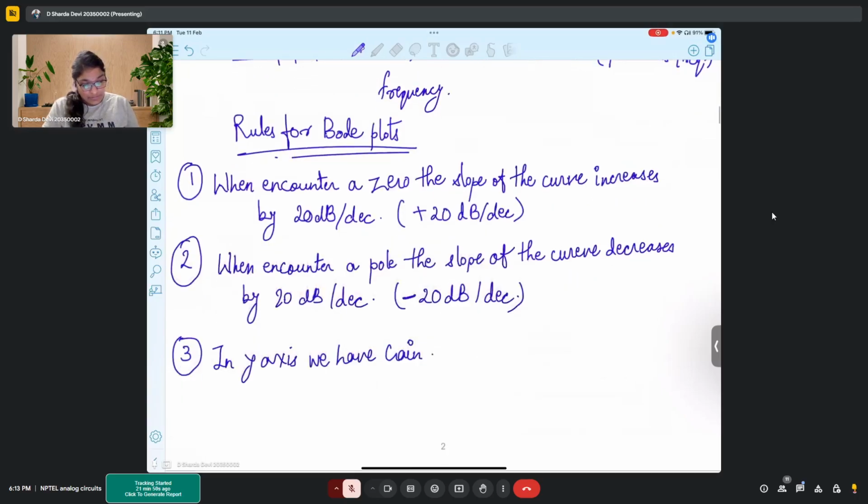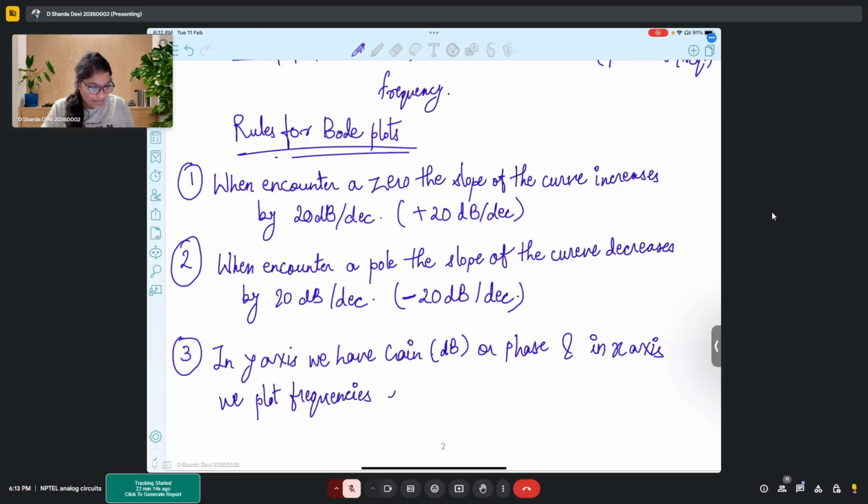All right. So in the y-axis, we have gain, which is presented in dBs, or phase in degrees or radians, whatever you feel like. And in the x-axis, we plot frequencies in decades. Decades means in multiples of 10. Okay.